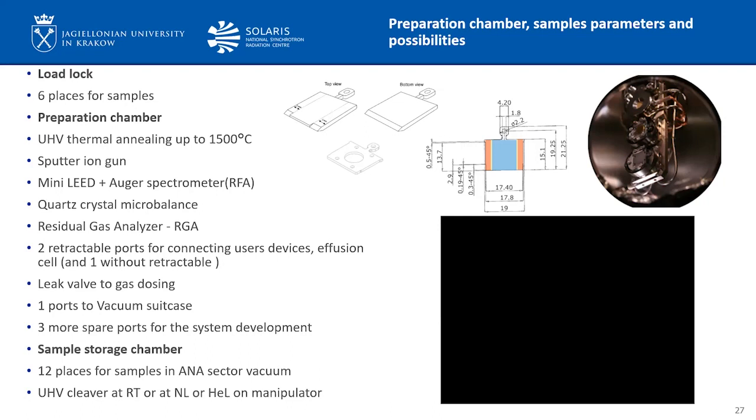Low pressure gas chemical reaction on the surface is also allowed by use of the leak valve. Samples can be exfoliated in the load lock or cleaved in ultra high vacuum, in the storage chamber and in the analytical chamber when you want to cleave at low temperature.